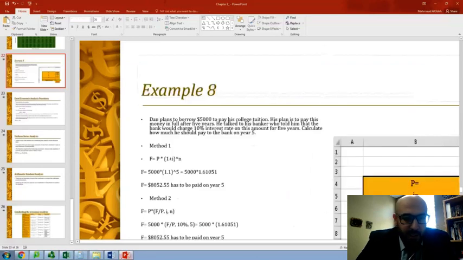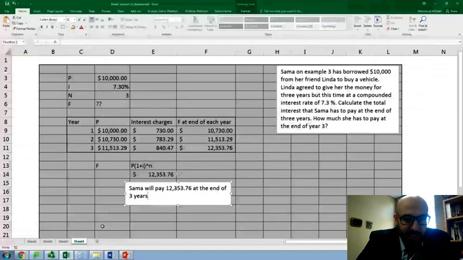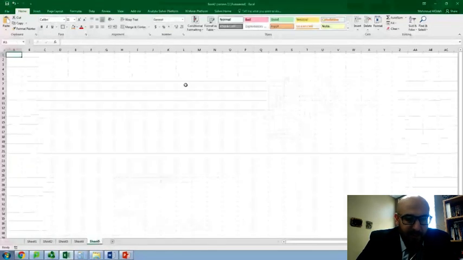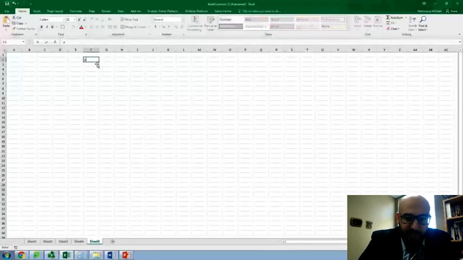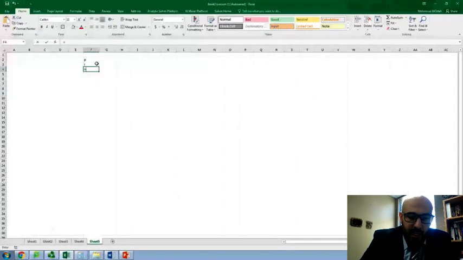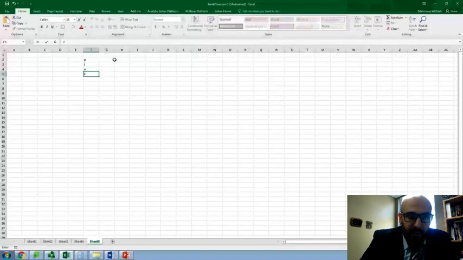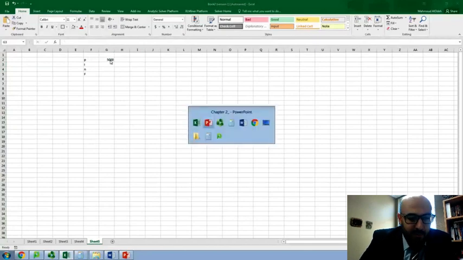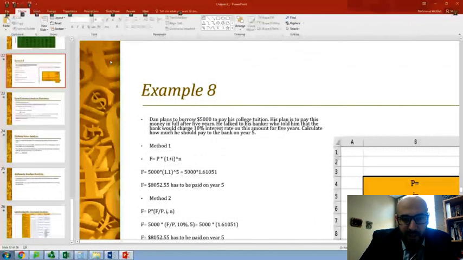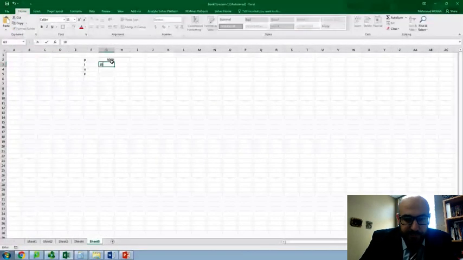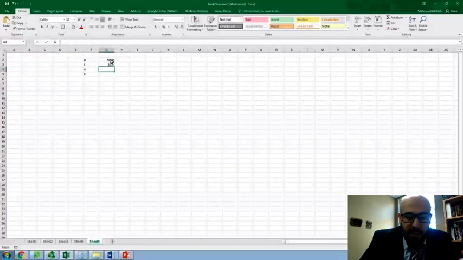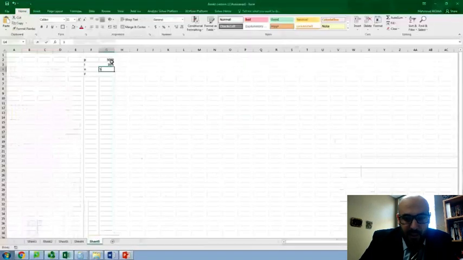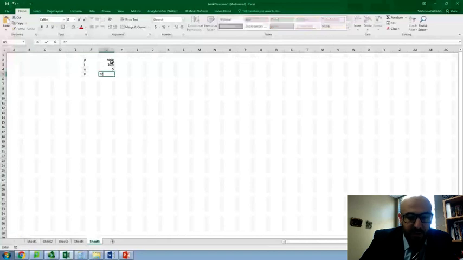Okay, just to make sure that you understand this concept, let's do it here very quickly. We have the factors P, i, n, and the F that we're looking for. P is $5,000, i is, I believe, 10%, and n is 5 years. Yes, 5 years. Future value is missing.